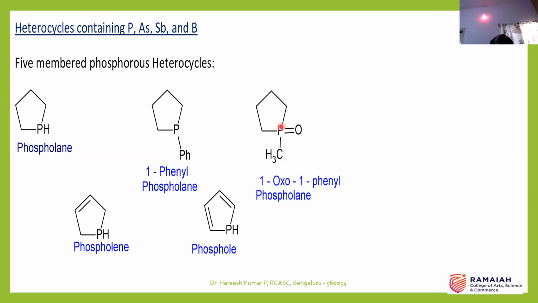So then what is the name of this compound? This position is 1, since it is a heteroatom, and there is an oxo. If you want to mention oxygen as a substituent, you have to say oxo. So 1-oxo, 1-phenyl.